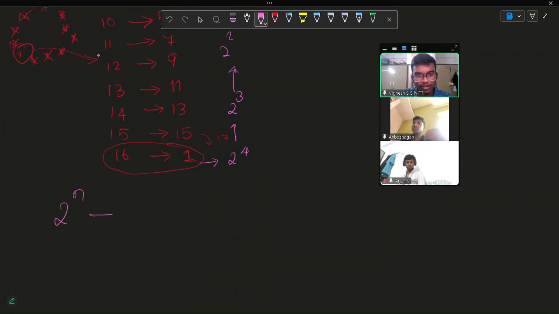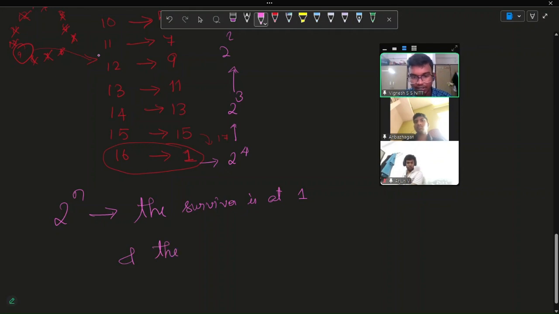So at 2 power n, the value is 1. The survivor is at 1, and the odd sequence starts after that.